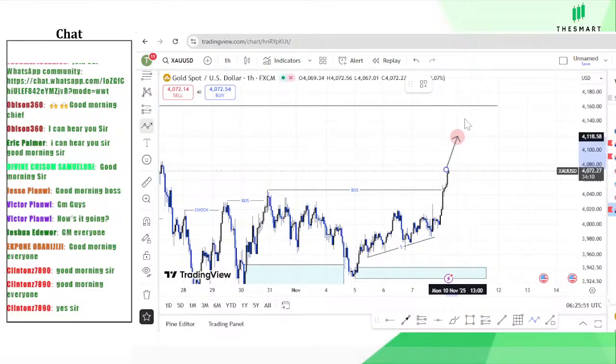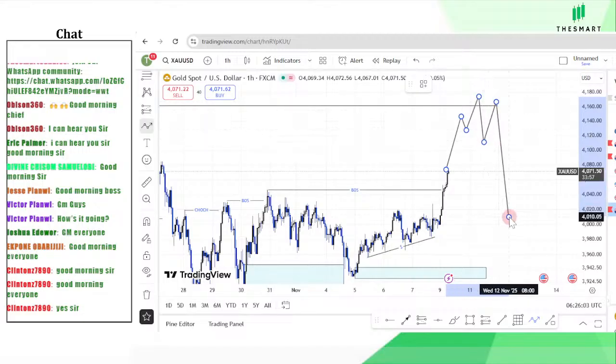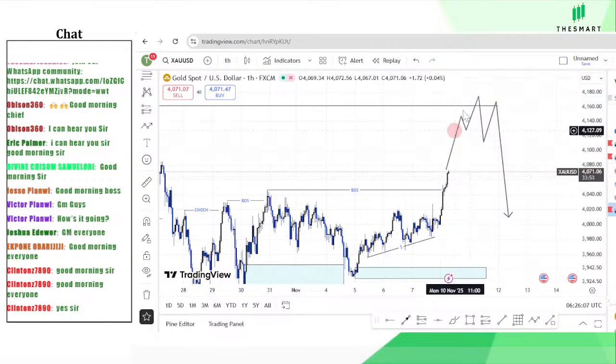I want to see price sweep this high. Let's have something like this. Then price sweeps this high, comes back down, then what? Before I will continue this sell.